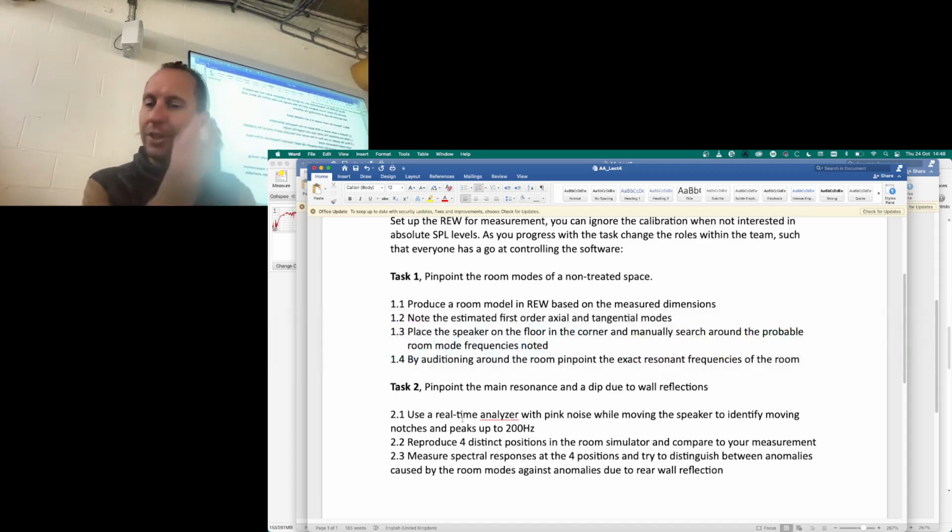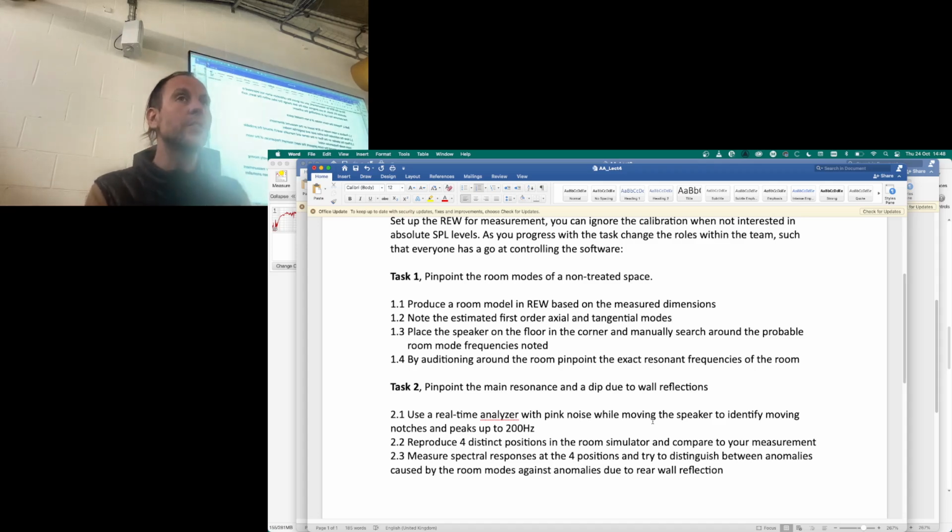Okay, so I've already mentioned that probably a good idea is to take a real-time analyzer and play pink noise through the speaker. So I imagine a microphone in a fixed position, and one person, luckily the generics are fairly small, silently as much as possible, moving back and forth in relation to the wall.